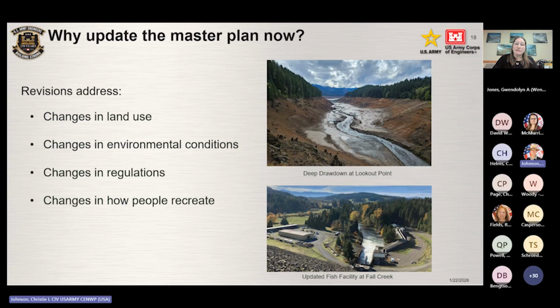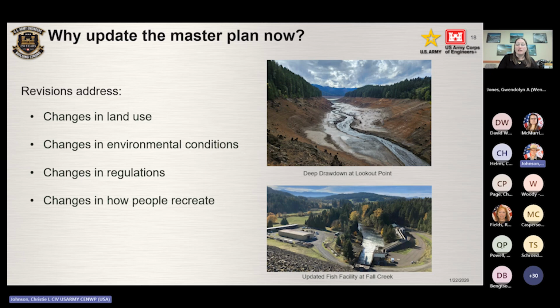So why are we updating them now? They do need to be updated periodically so they remain relevant. Many of the plans in the valley are over 40 years old now. And there's a number of changes that occur in land use, both on the Army Corps land as well as the surrounding areas. There's environmental conditions that change, and I'll talk more about that on the next slide.